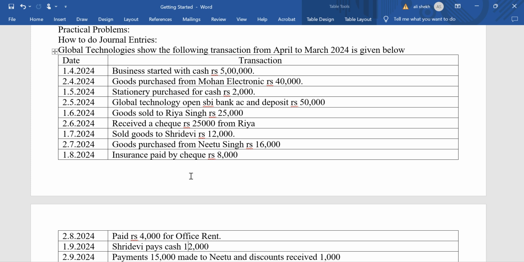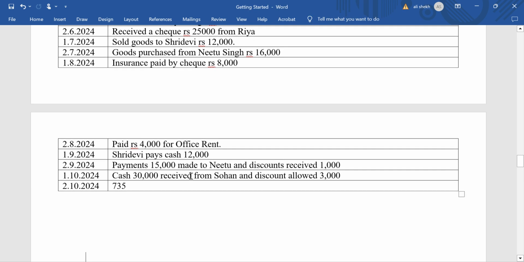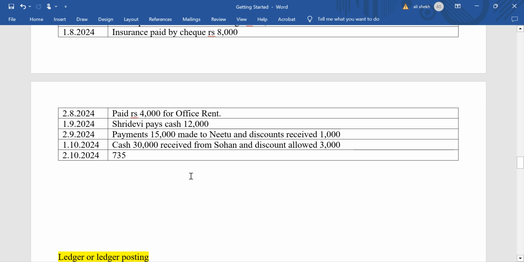Insurance paid by check. Insurance account debit 8,000 to bank account credit 8,000. Paid rupees 4,000 for office rent.